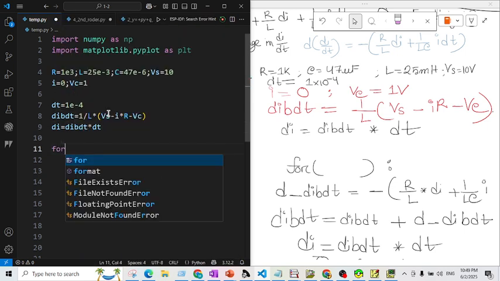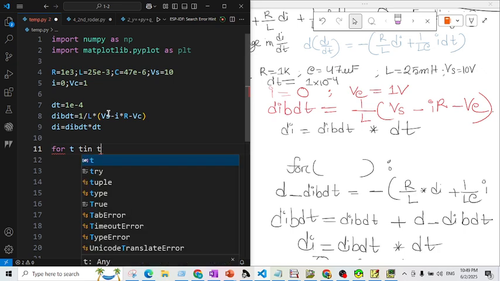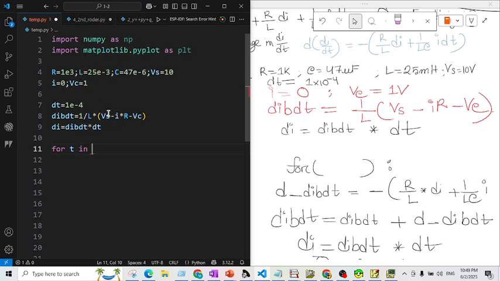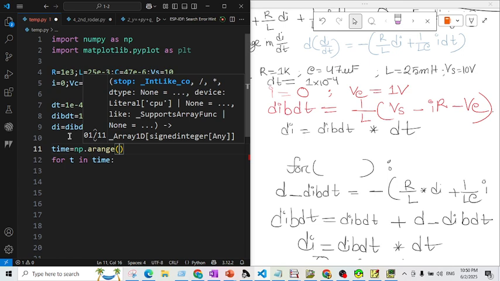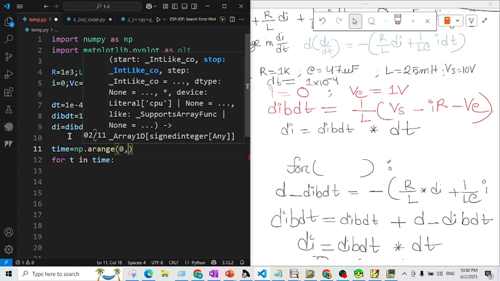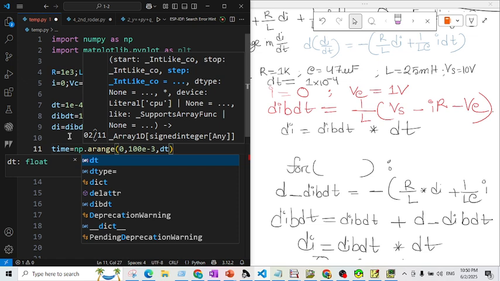Now I need to make a for loop here for t in time, where time, what is time? Let's say time is np.arange. Let's take time from 0 to, let's say, 100 millisecond. And what is the time interval? Let's say time interval is dt. So I will show the graph at 0, then dt, then again dt later.